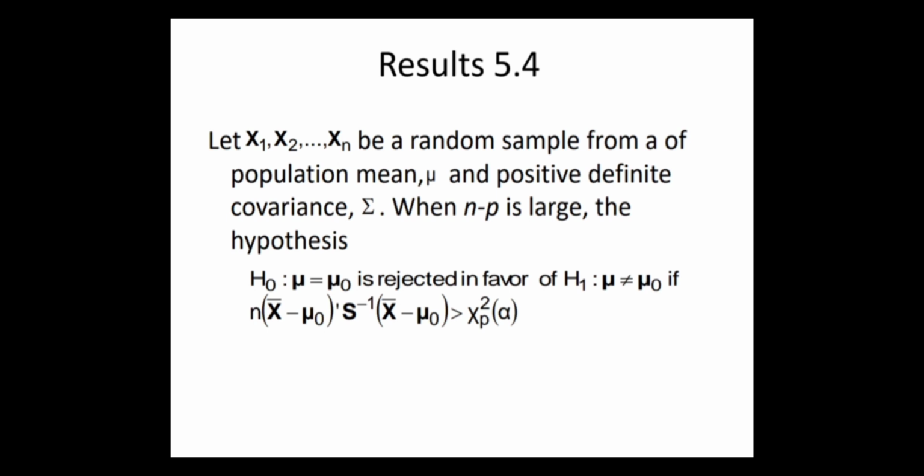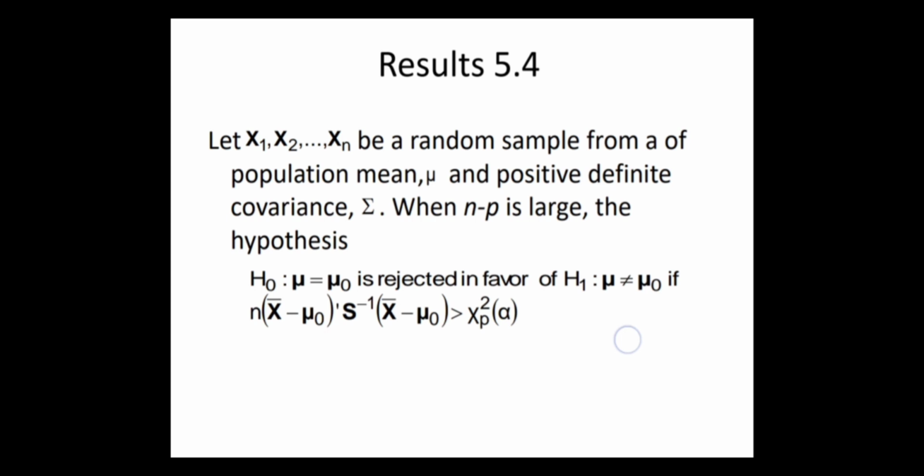So for this chapter, previously we tested the mean vector, whether the mean value mu naught is plausible for the multivariate population mean, right?